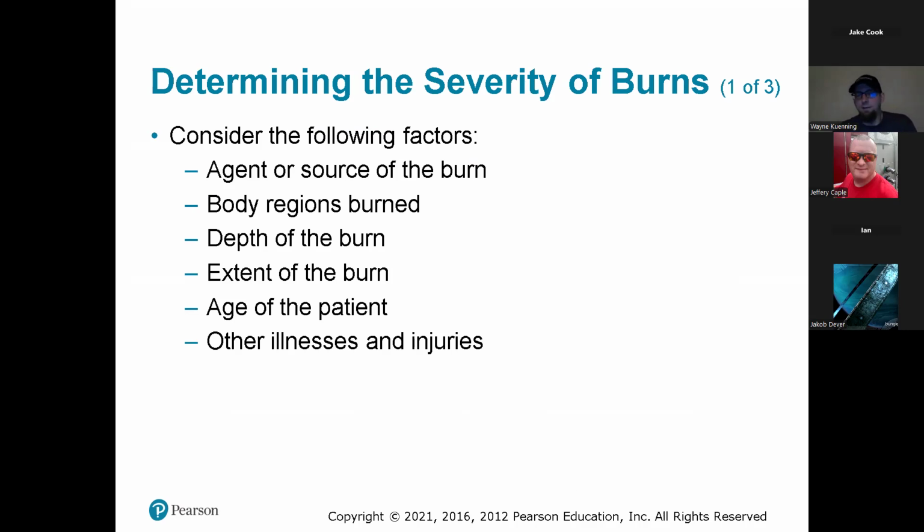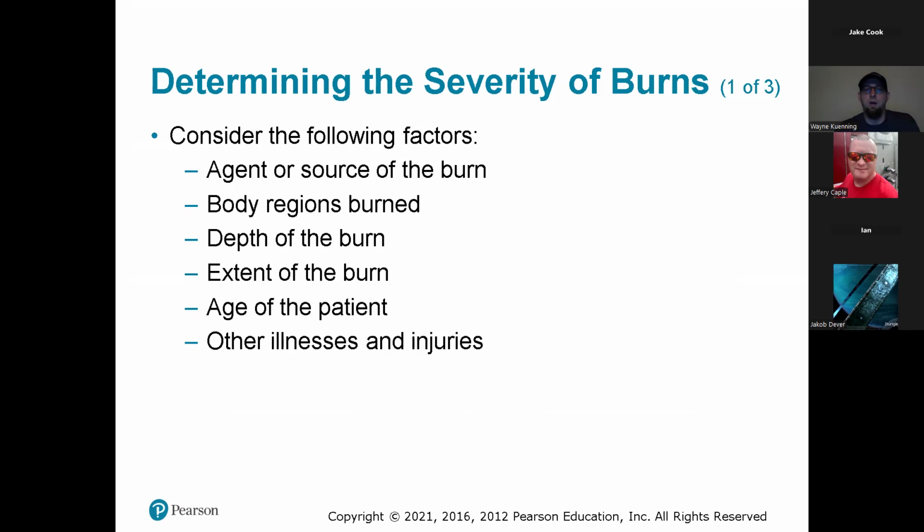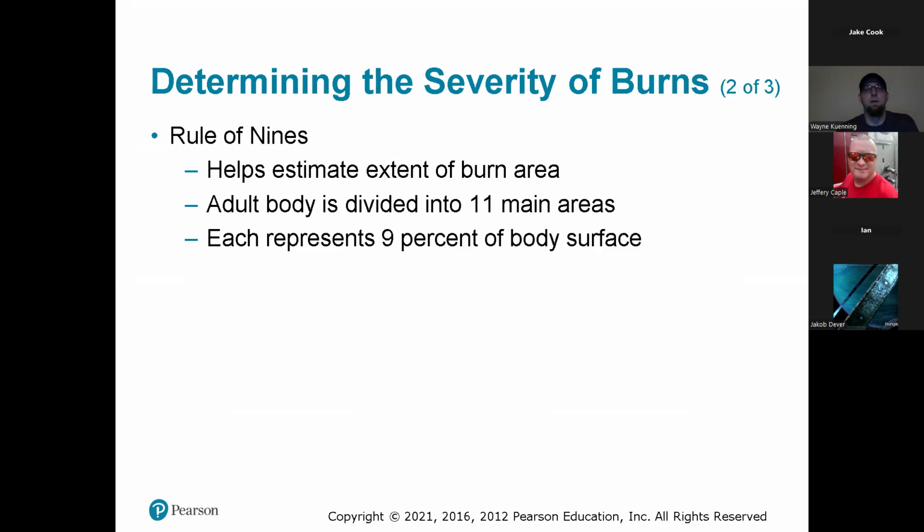A lot of your elderly patients don't recover well from big burns because their immune system isn't quite as good as it used to be. The burn isn't what gets them, it's the infection that subsequently follows because you lose your body's ability to prevent or reduce the risk of infection.